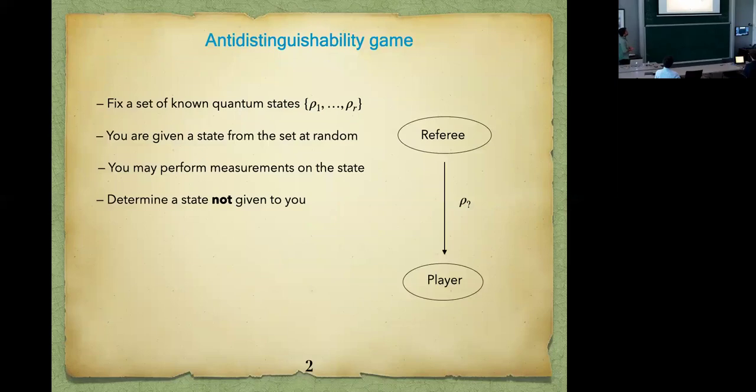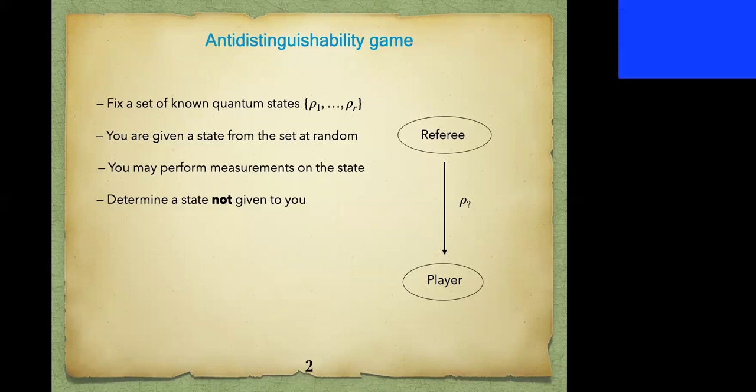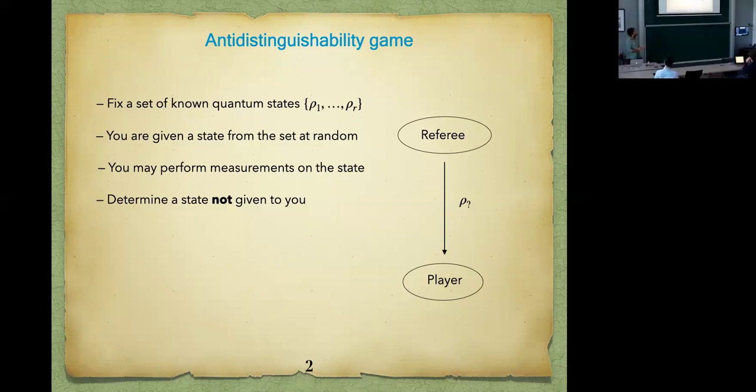All right. So this anti-distinguishability can be thought of like this game. We have a set of known quantum states, say R states, and a state is given to you, the player of the game, by a referee. You don't know what the state is, the referee knows, and you can perform measurements on the state.